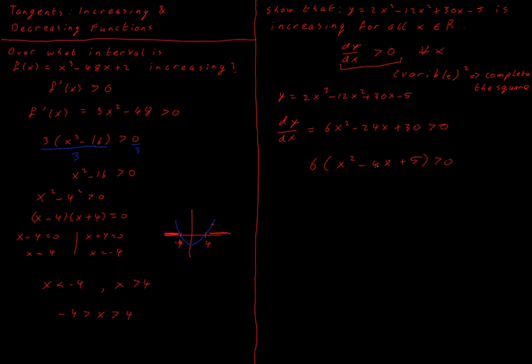Then we are going to take half of the number in front of x. It's going to be minus 2. We're going to add and subtract that squared, and that is going to form a perfect square for us.